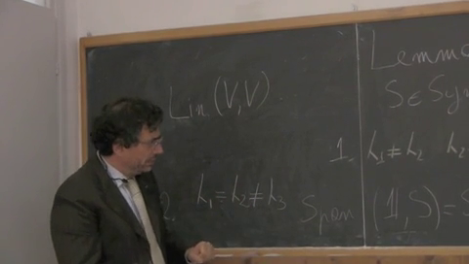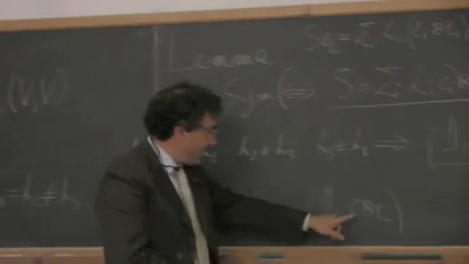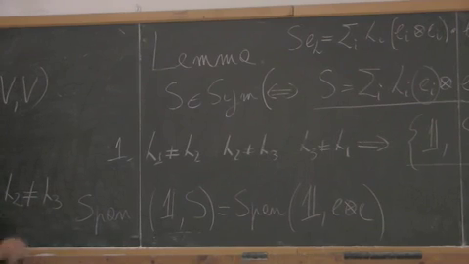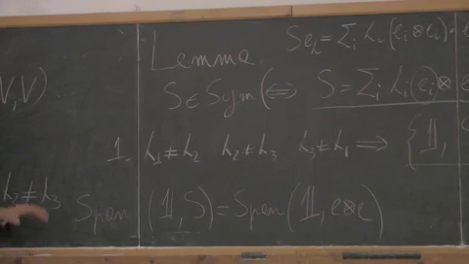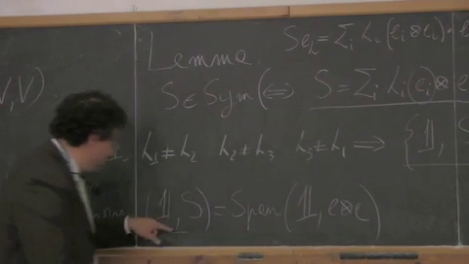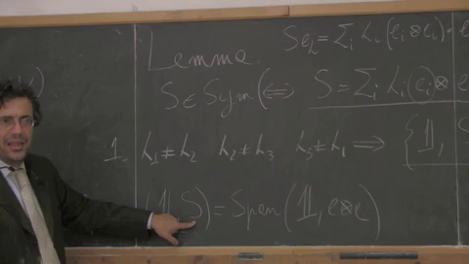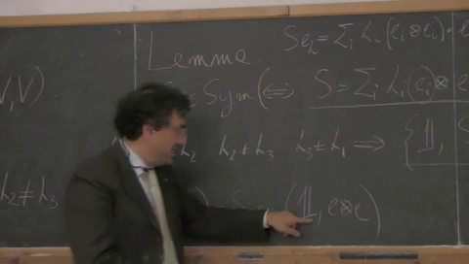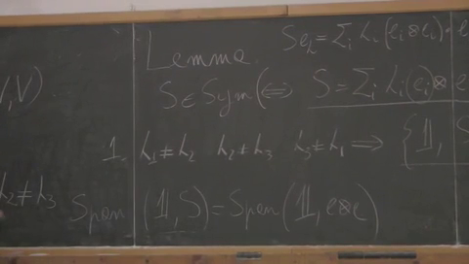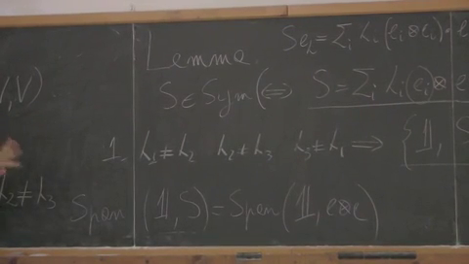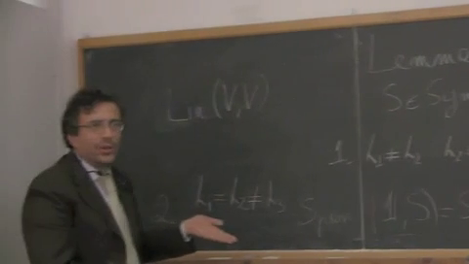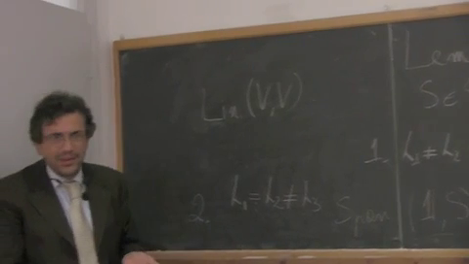Then, if E is one of the eigenvectors, we will see in detail, the span of identity and S is equal to the span of identity and E tensor E. So what we have said before applies, but in a particular instance.